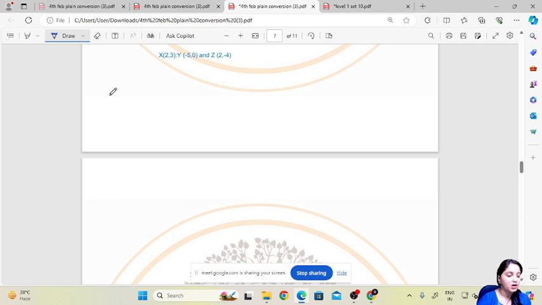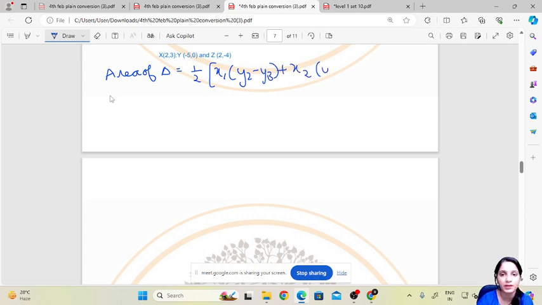So area of triangle is given by half x1 into (y2 minus y3) plus x2 into (y3 minus y1) plus x3 into (y1 minus y2). Now here this is your x1 y1, x2 y2, x3 y3.